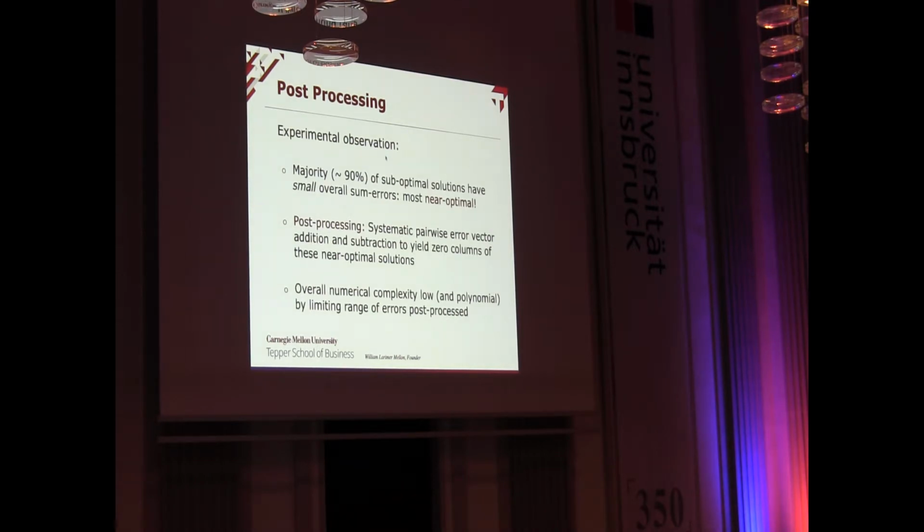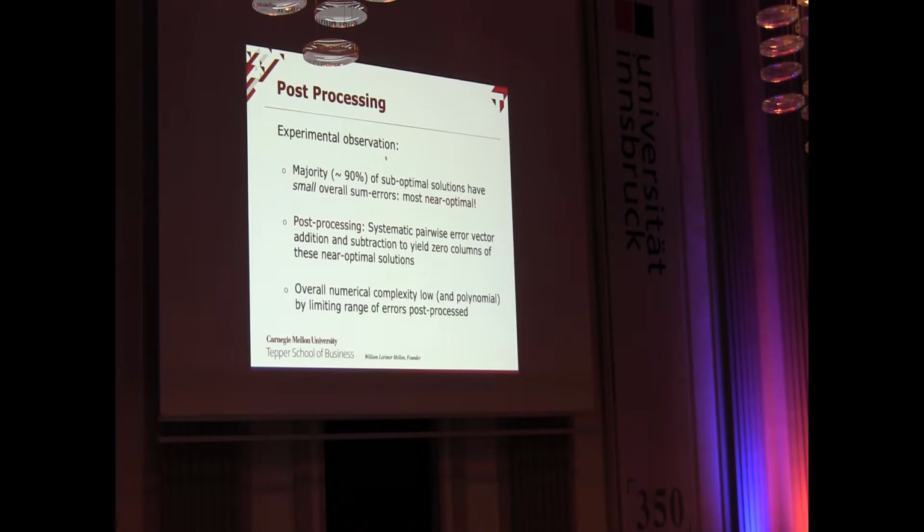After running through the D-Wave, we observe that the majority of the non-optimal solutions that we are acquiring are pretty close to optimal. They are suboptimal. The error for the majority of them is about 1, 2, or 3.